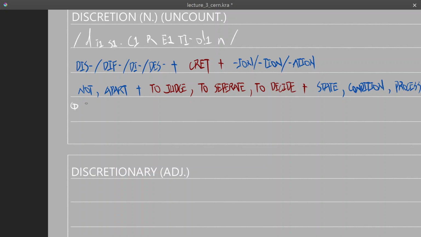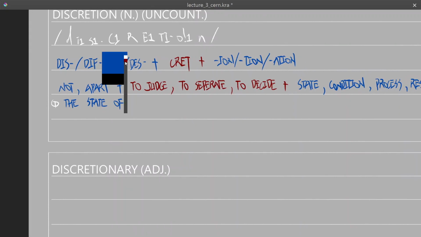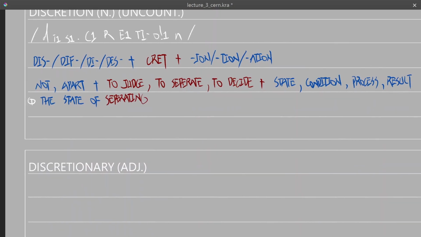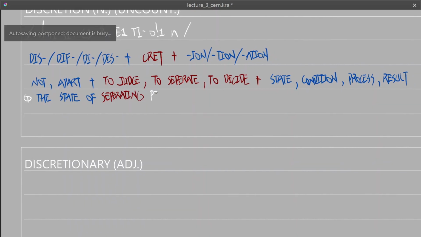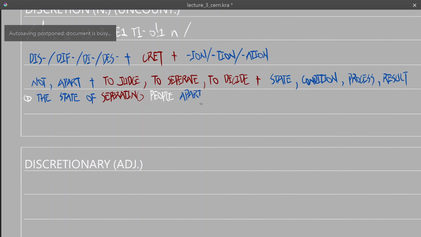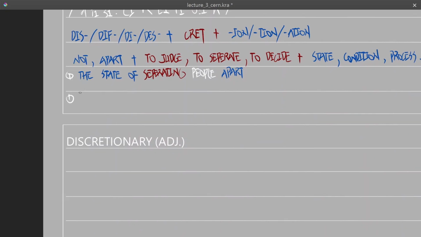The state of separating people apart. For example, we have: the man is the soul of discretion.